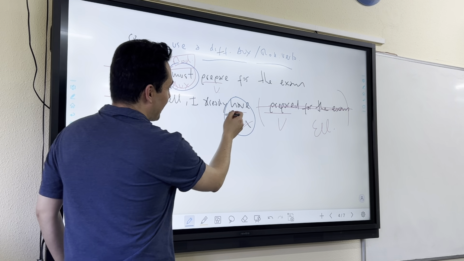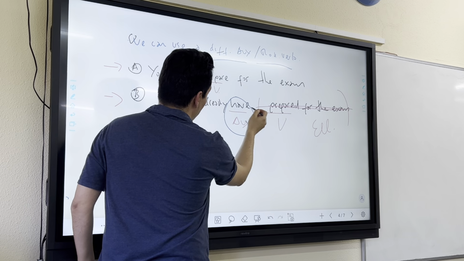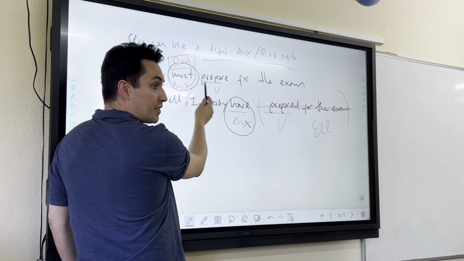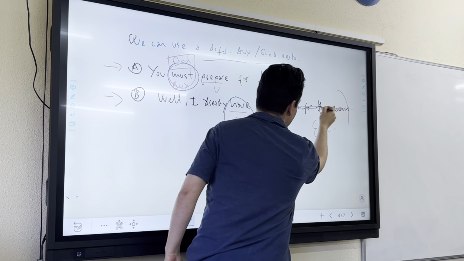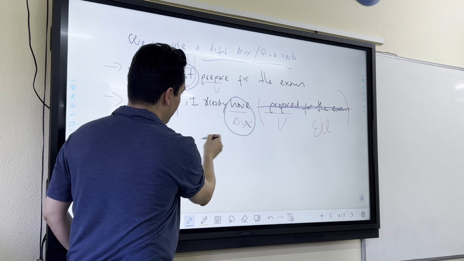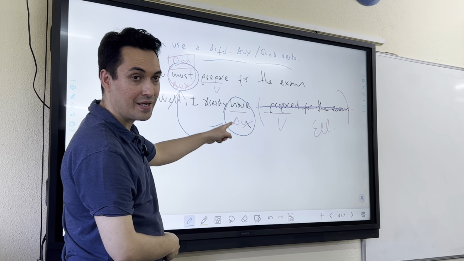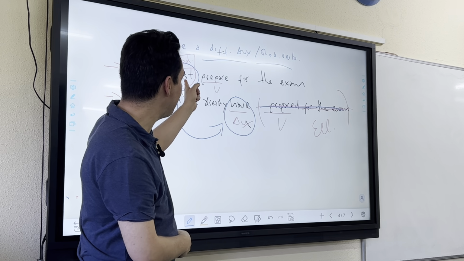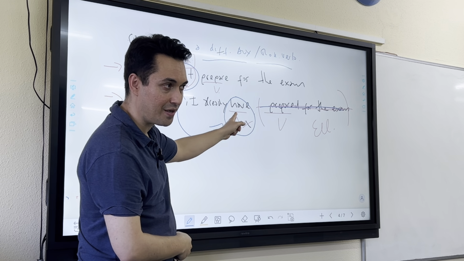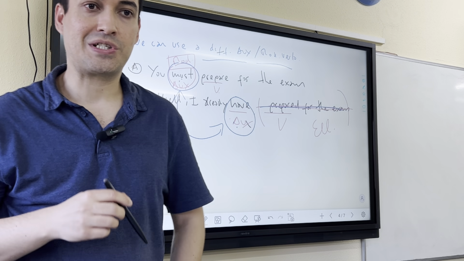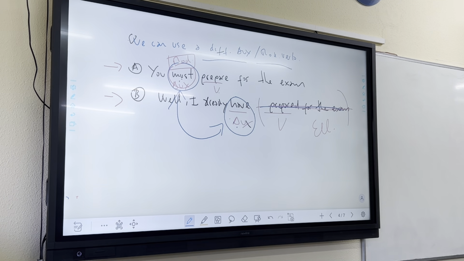So we say an auxiliary with a similar meaning, and then ellipsis of the rest. So what I'm trying to tell you is that the auxiliary doesn't need to be the same. It can be a different auxiliary, a similar one, nonetheless.